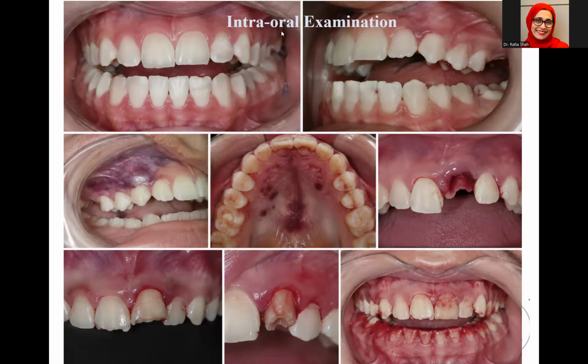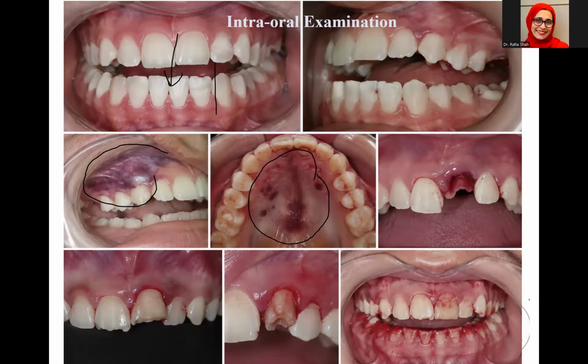Then comes intraoral evaluation. As we said, this is a free floating fracture. When we place our finger inside the mouth and try to move the maxilla, it will be mobile. It will move upward, downward, and anteriorly, posteriorly. Again, you will find lacerations in the patient's mouth, including over the palate.